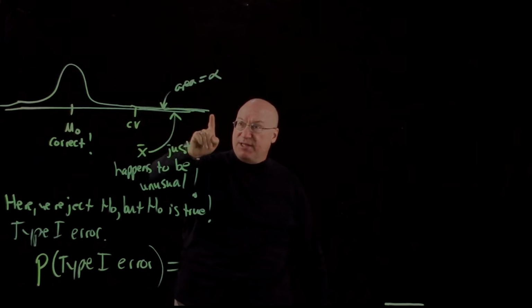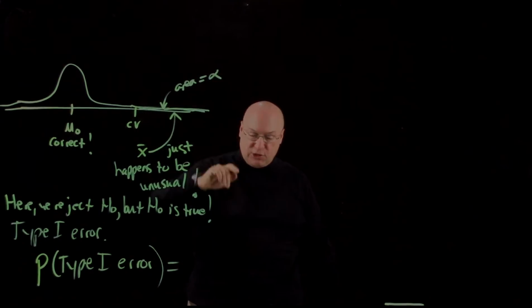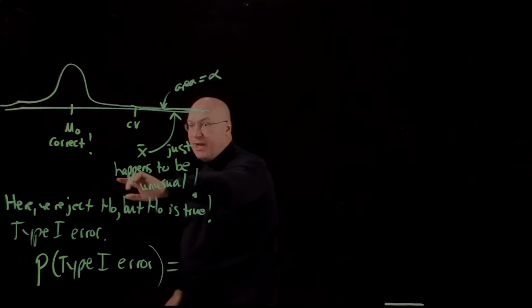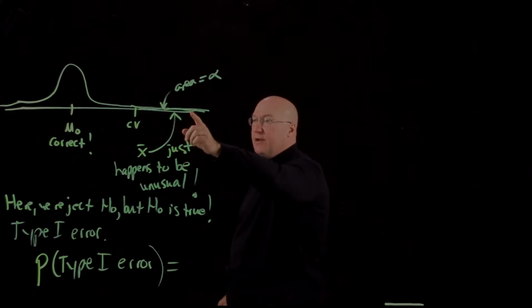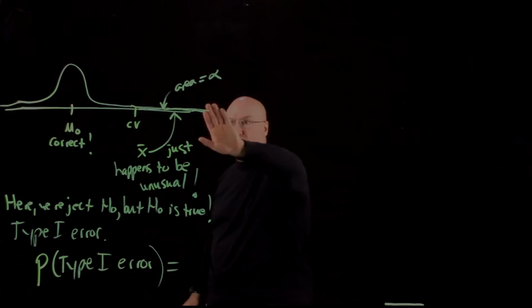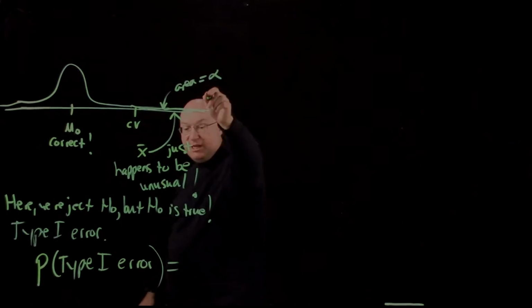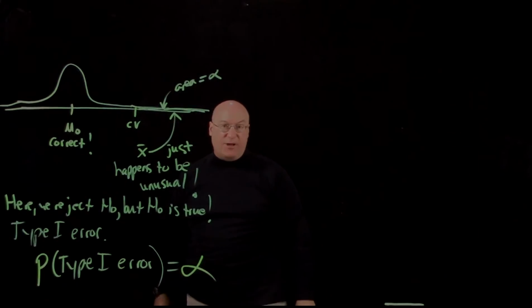And the area of that tail is alpha. So the probability that this curve is exactly correct, and I just happen to get an X bar that lies out here, is the probability of this whole tail. It's the tail probability associated with the critical value. It is the significance level alpha.